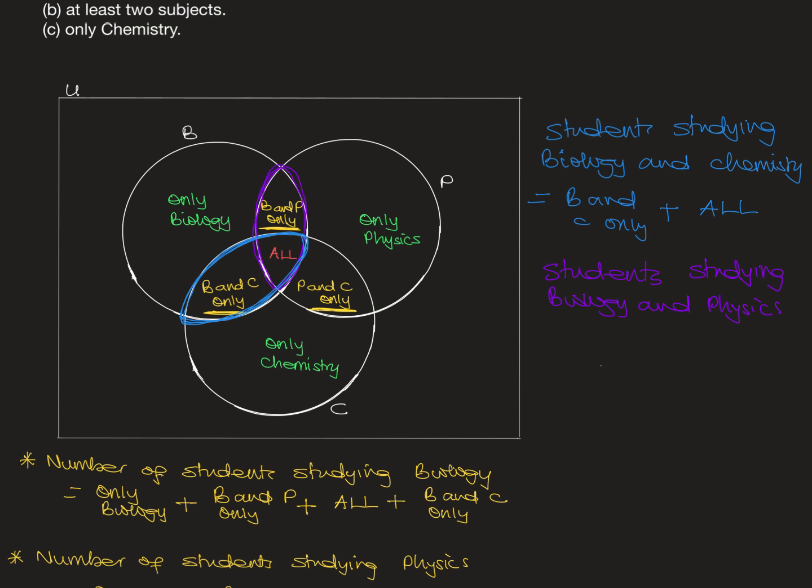It will be those studying biology and physics only plus those studying all the three subjects. Why? Because those studying all the three subjects are also studying biology and physics. You get the sense? I hope so.